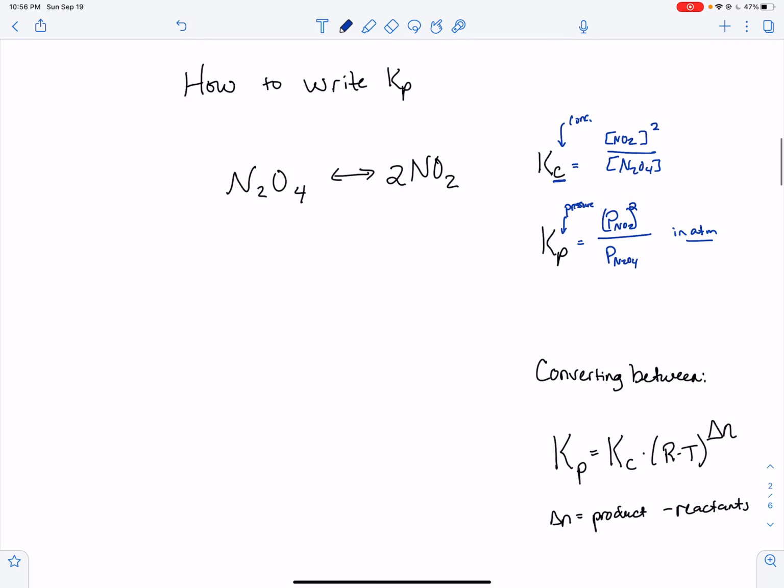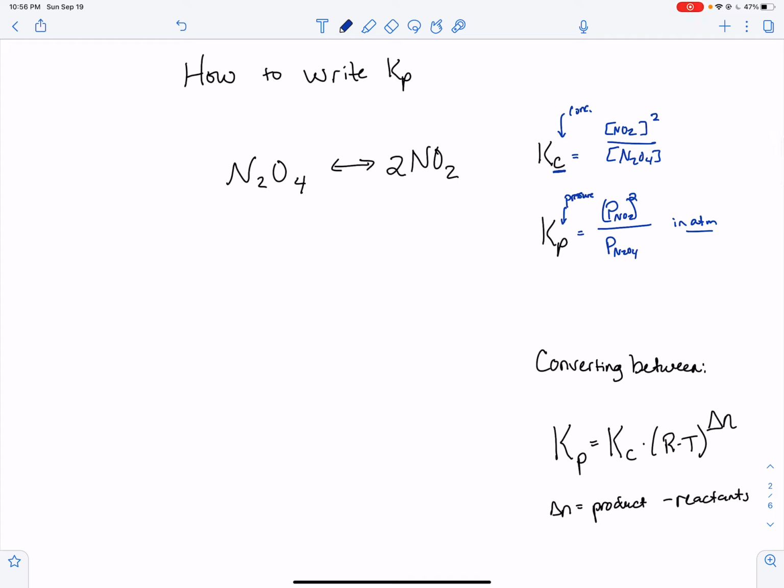So can you convert between them? You can. So if you were given that this value was 30.1, and again, that would be given to you, or you'd be given the information for these two so that you could calculate it. But if you're given that information, you can take it and turn it into a Kp value. You can also be given these pressure values, solve for Kp, and then turn it back into the Kc value.